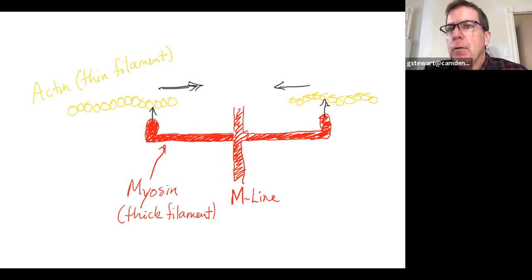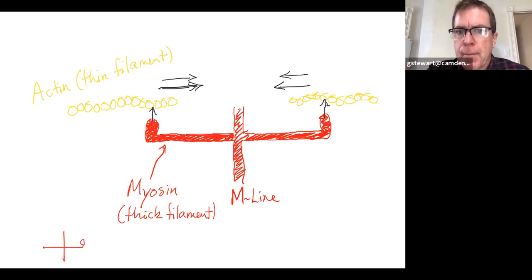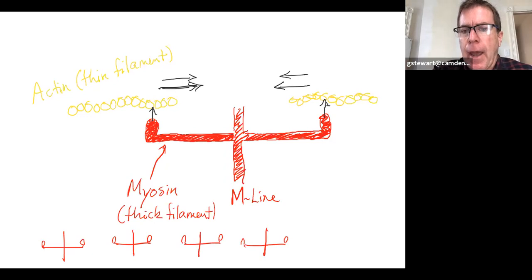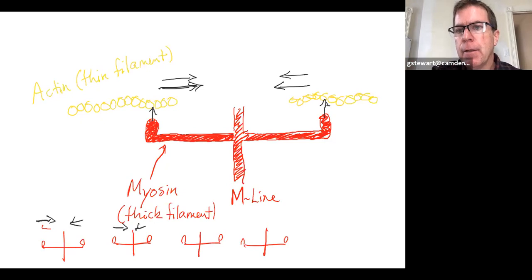When we pull thin filaments in this direction over and over and over again, if I have this setup, and then I have it again here, and again here, thousands of times along this muscle fiber cell, we're going to pull this actin molecule this way, and do it again here, and again here.